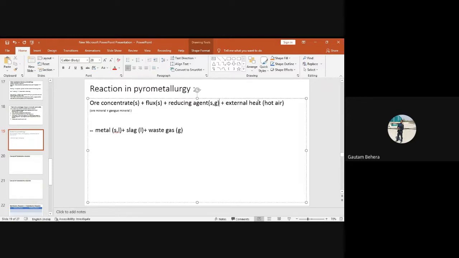Okay. Then external heat, that is obviously, so hot air means, suppose this is your gas, obviously. So this is the reaction showing pyrometallurgy, right? Ore plus flux plus reducing agent plus external heat will give you metal plus slag plus waste gases, right? And these waste gases also contain some solid particles. You have to remember.